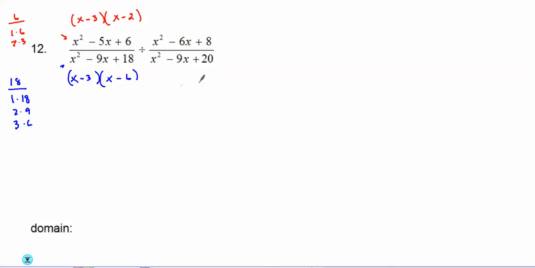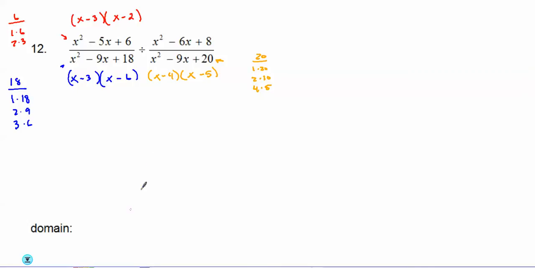Being good at factoring helps. This denominator, I'm working with 20. 1 and 20, 2 and 10, 4 and 5. I need to add to get a -9, so I'm using a -4 and a -5.